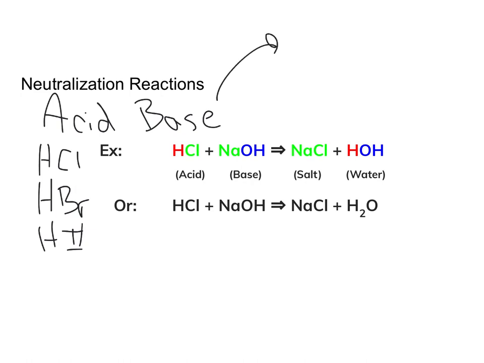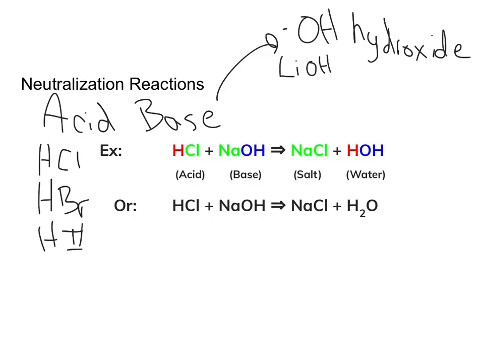You also have our bases. You're going to be looking for this OH group, and this is called a hydroxide. Apologize for my handwriting. This is called a hydroxide ion. And when you see this OH bonded with another element like LiOH, that's a base.